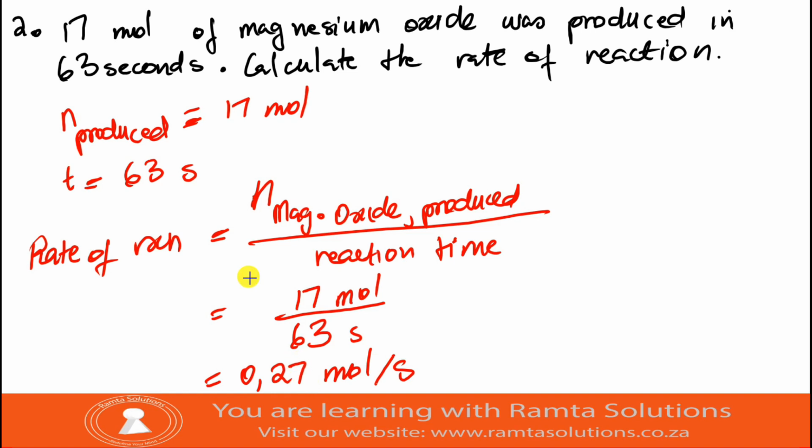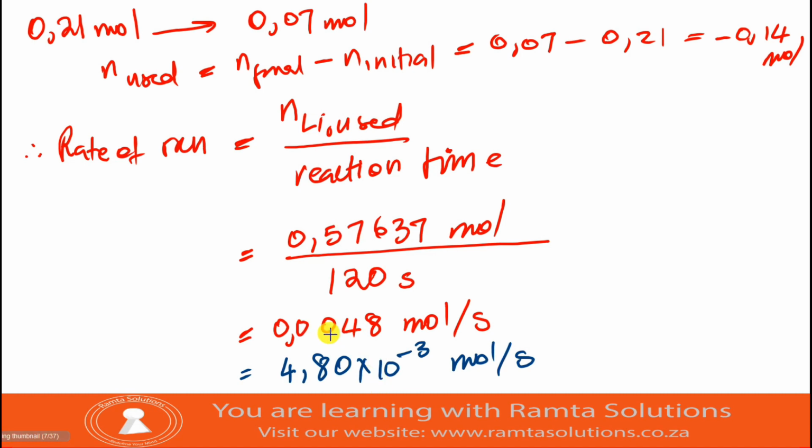In 3 seconds, just like that. Every second, 0.27 moles of magnesium oxide is forming. Similarly here, every second, 4.8 times 10 to the minus 3 mole of lithium is being used up per second.